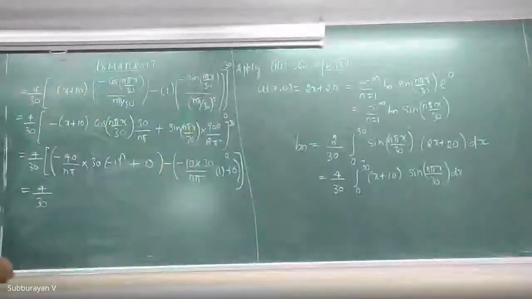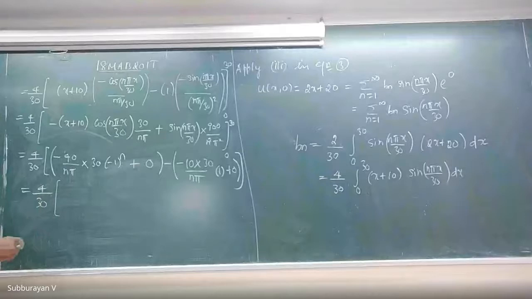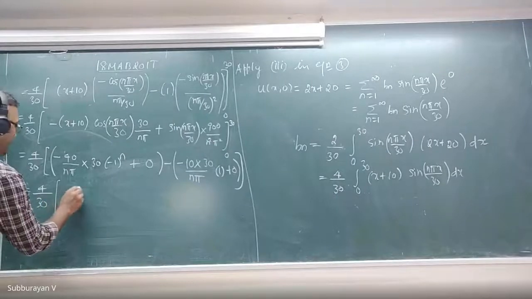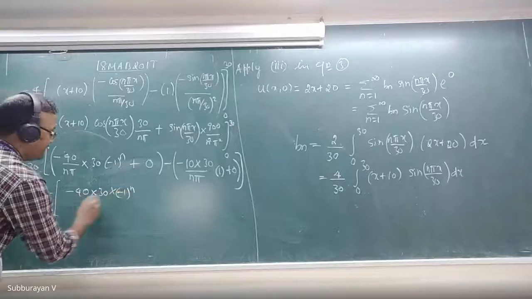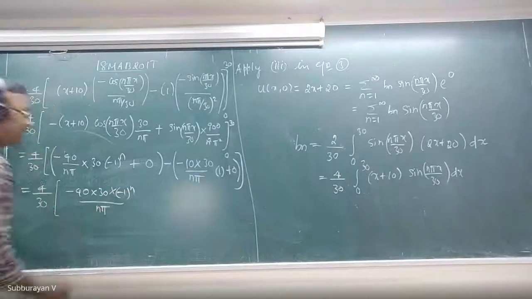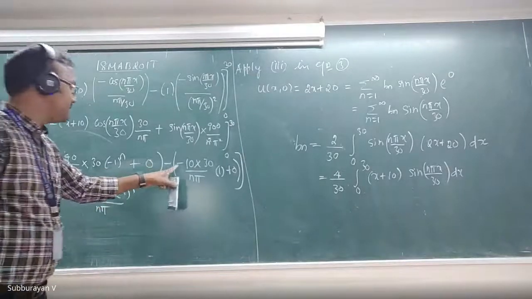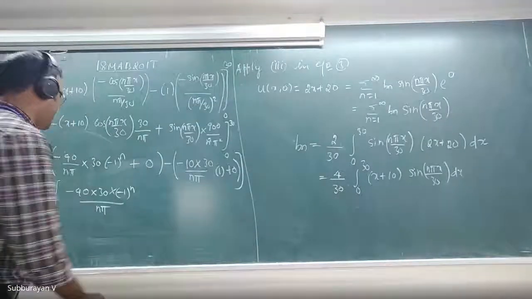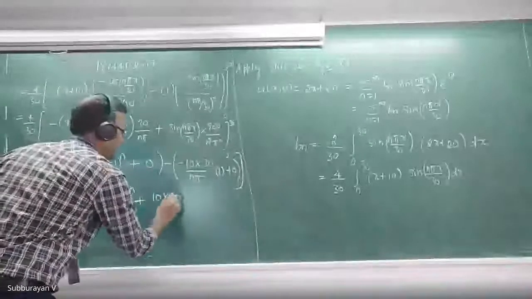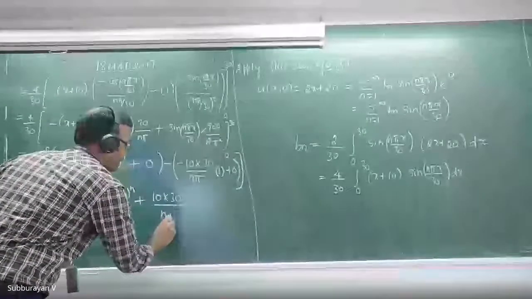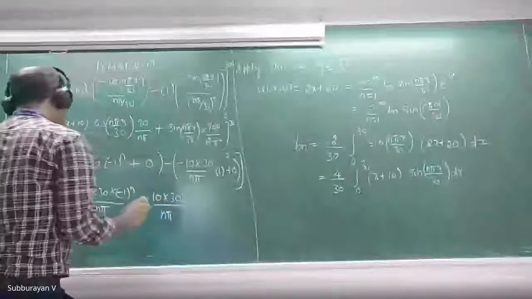So this is 4 divided by 30, and then here, there is a 30 which we can cancel. Minus 40 into 30 into minus 1 whole power n divided by n pi. There is a minus outside and a minus inside, therefore this becomes plus 10 into 30 divided by n pi. Is there any other term?